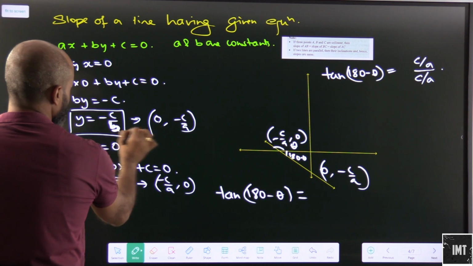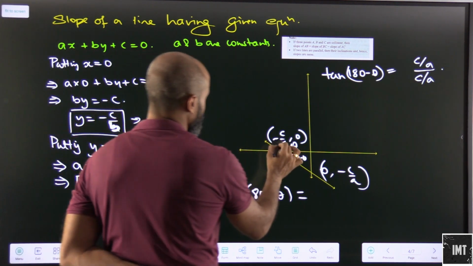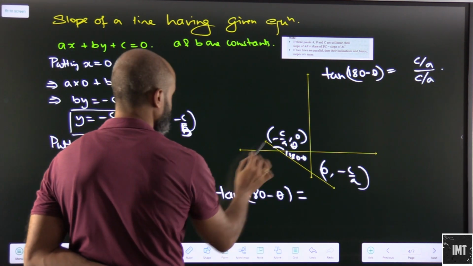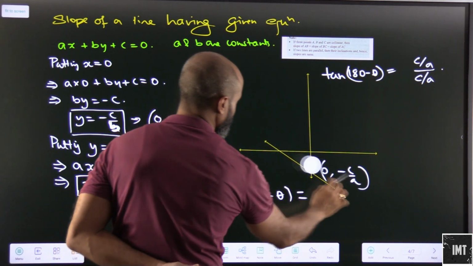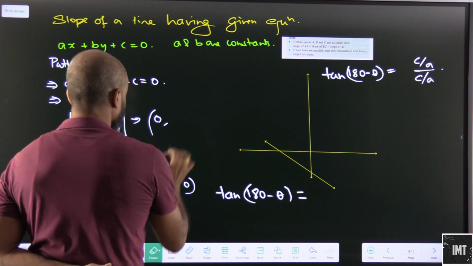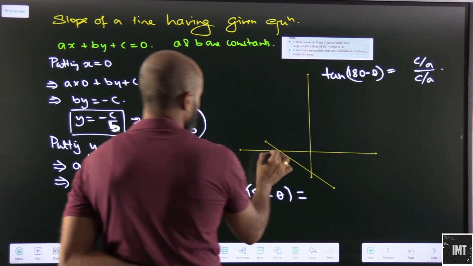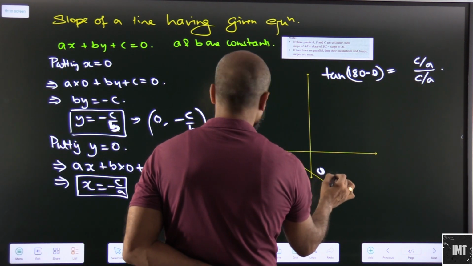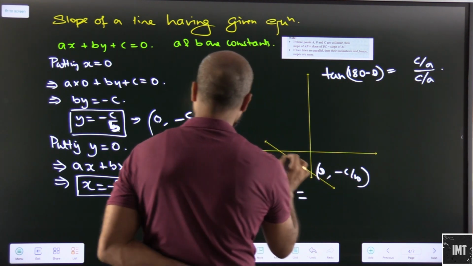I'm sorry, this will be c by b. So this is 0 and minus c by b, and this is minus c by a and 0.